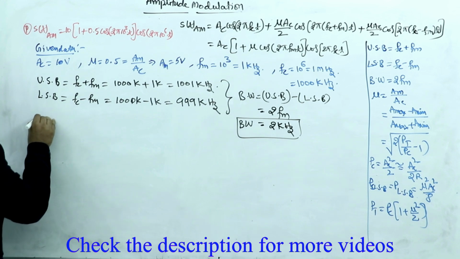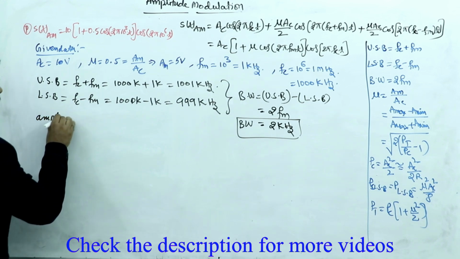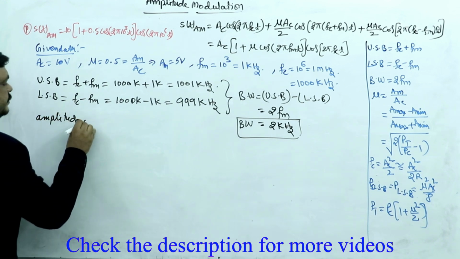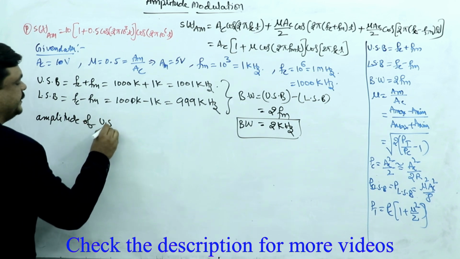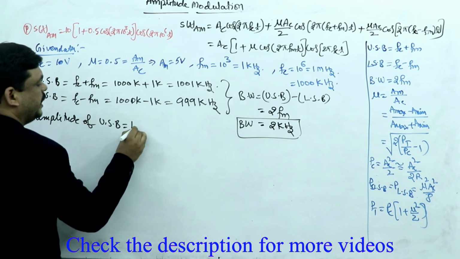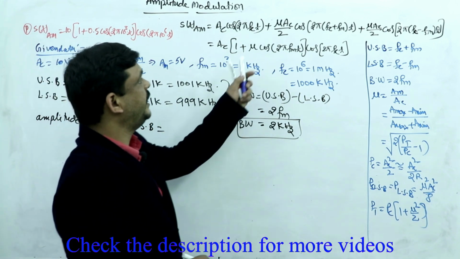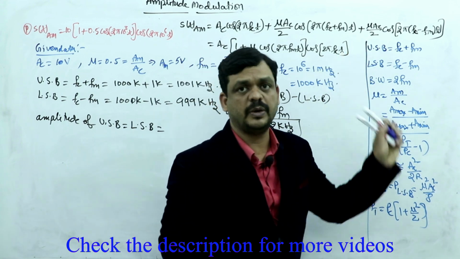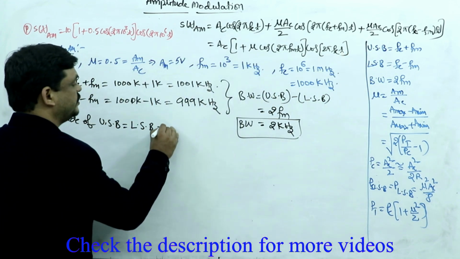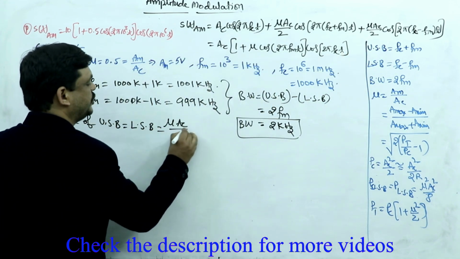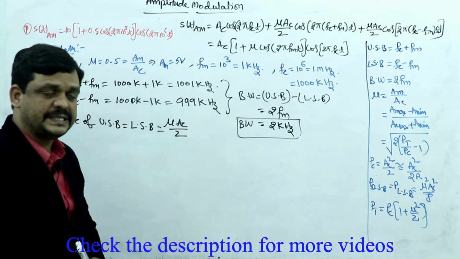And from all this, I want to find out the amplitudes also, right? So the amplitude of the upper sideband is equal to the amplitude of the lower sideband. Both are equal, right? And that equation is mu into AC by 2.